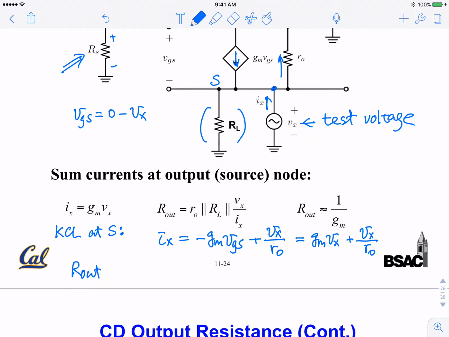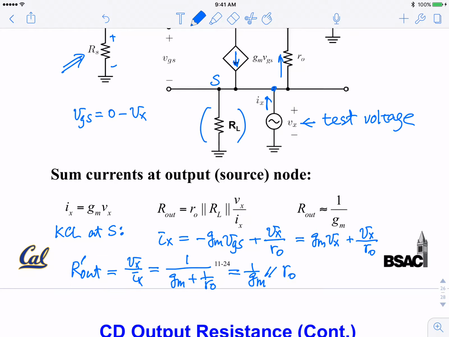Rout, let me use Rout prime because this doesn't have RL, is equal to Vx divided by Ix, which is basically 1 over gm plus 1 over R0. Now think of 1 over gm as a resistance. So this is actually equal to 1 over gm in parallel with R0.